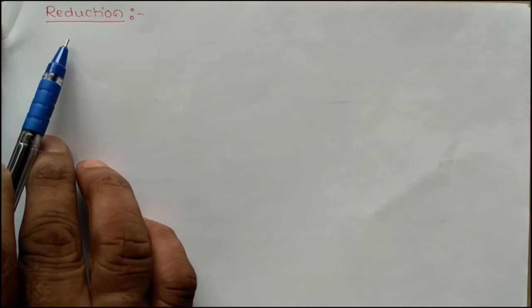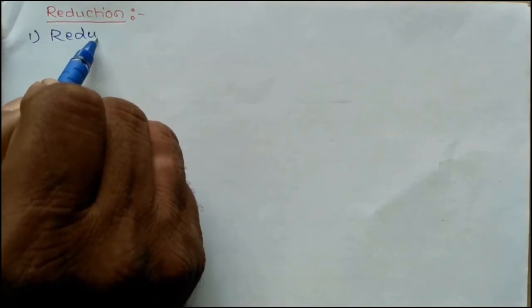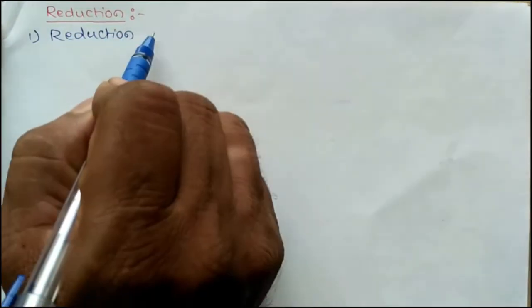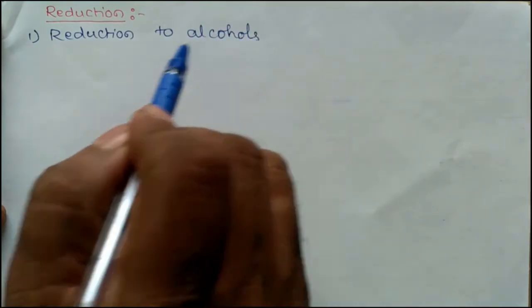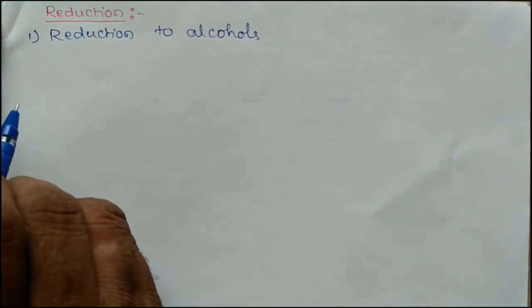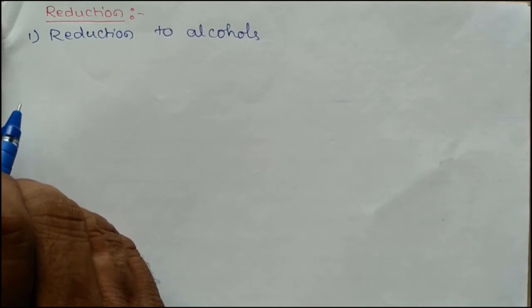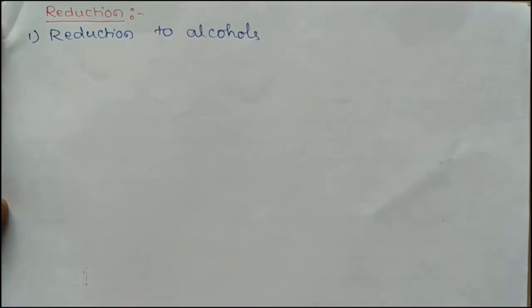Now we'll discuss reduction reactions. Reduction to alcohols. Aldehydes and ketones are reduced to primary and secondary alcohols respectively by using sodium borohydride or lithium aluminum hydride or by catalytic hydrogenation.